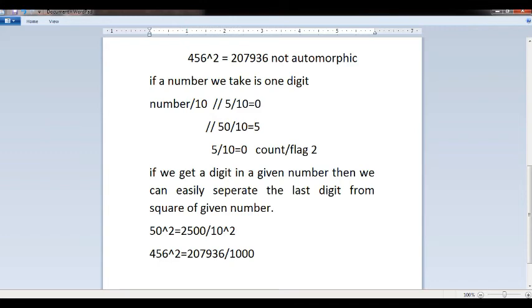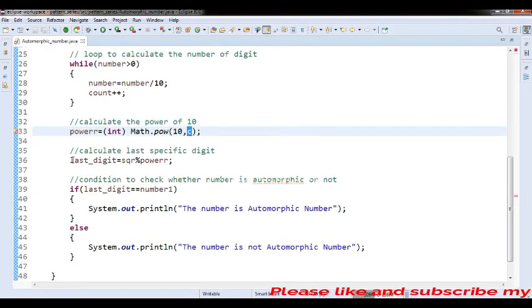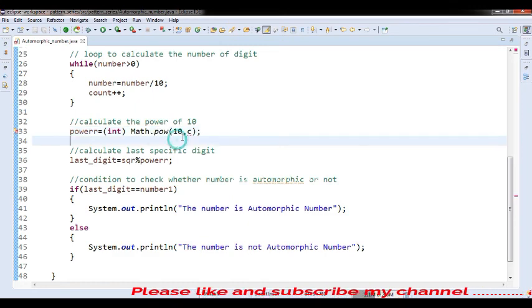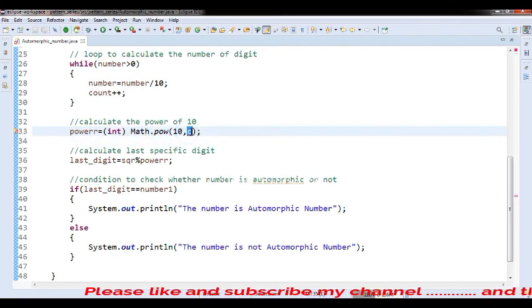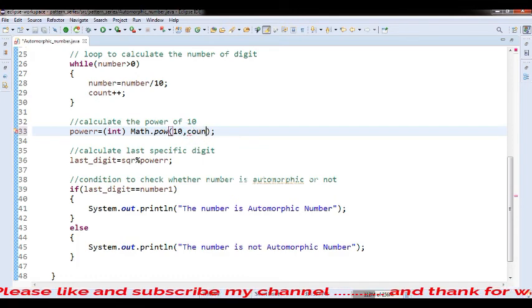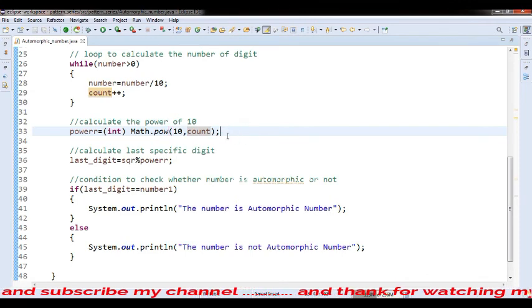Is that clear? Here we write 10 power 3. So here also power equals Math.pow, we can apply the power function with 10 and then the power value c, not c here, but count. We have to change the variable name to count.